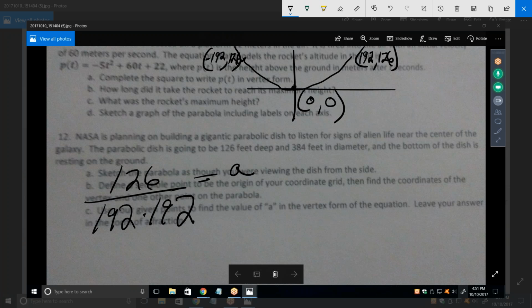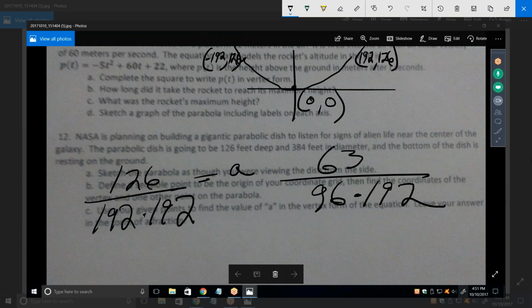Is there any number that divides equally into top and bottom? 2. That's a good start. That gives us 63 over 96 times 192.